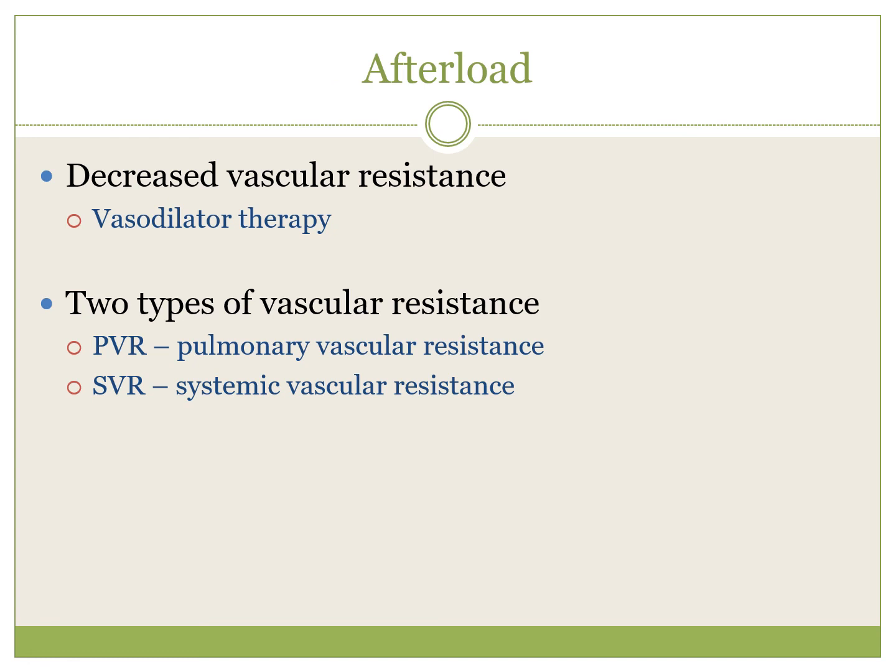Then our stroke volume is going to decrease. Keeping that in mind is where the balancing act is important. So again, we have two types of vascular resistance: pulmonary vascular resistance and systemic vascular resistance.